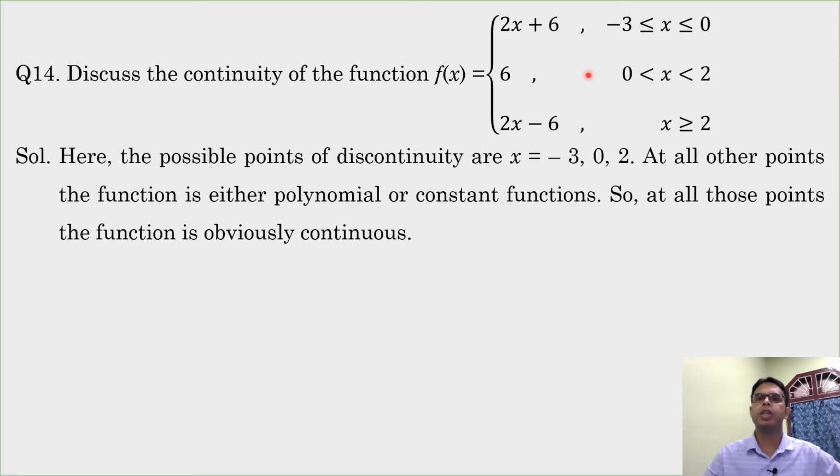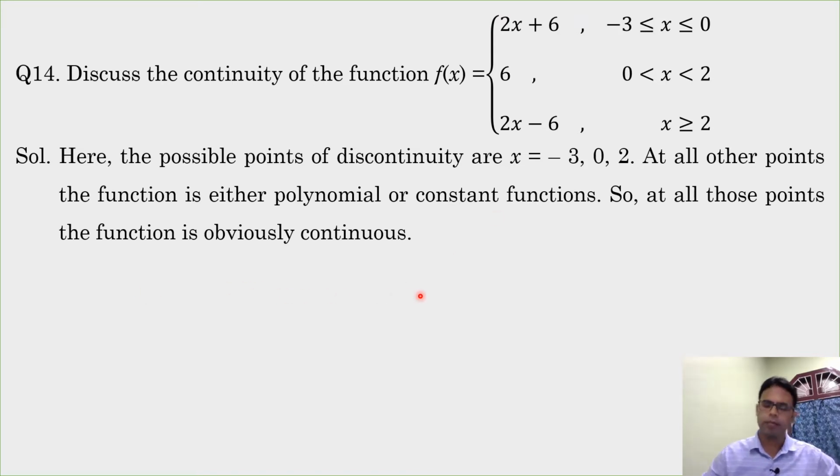So we only check the right hand limit at x equal to -3 and the function value f(-3), and obviously they will be equal. So you have to write that.